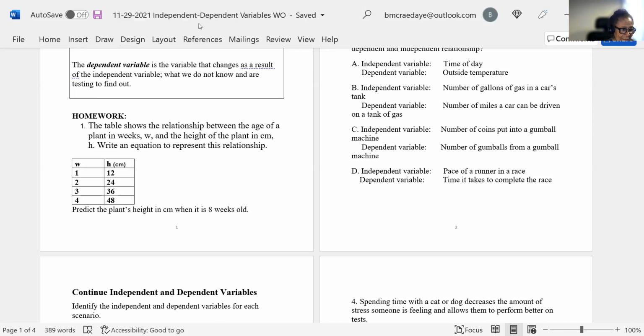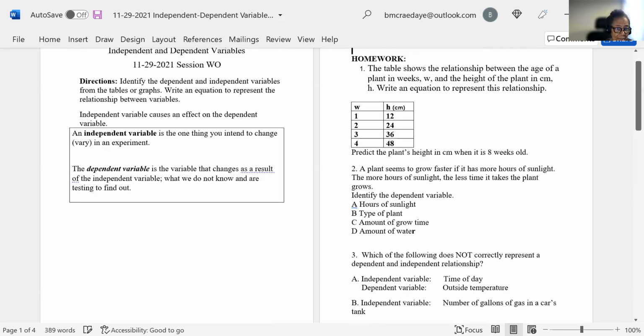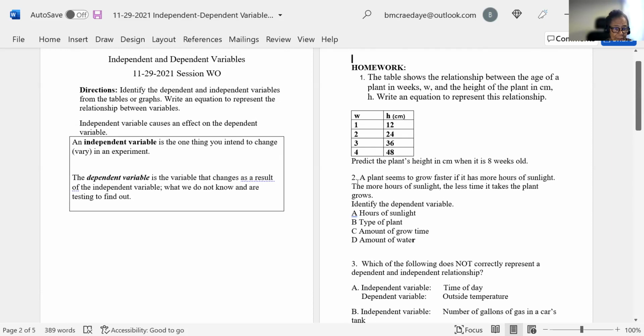Or 2 is 24, so it'd be like adding 12 on to 12 all the time. Adding 12. Now, remember the relationship had to be between the weeks and the height, right? Okay, so let me just bring this up on the other side.